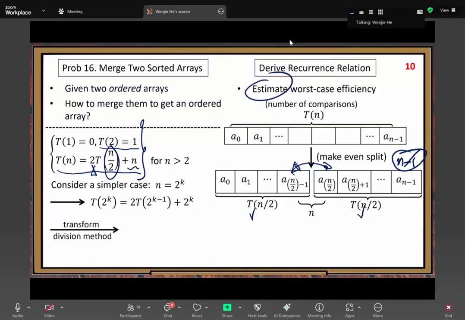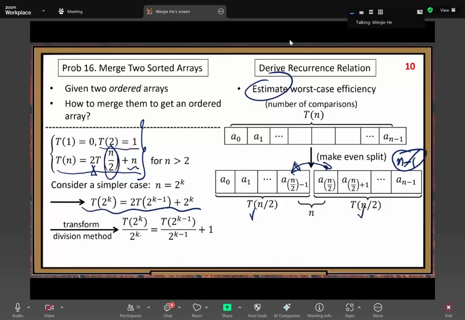Then we need to solve this new form of recurrence relation. Here we do a special transformation: we do division by 2 to the k on both sides.